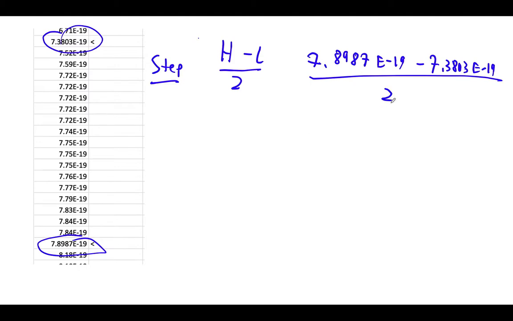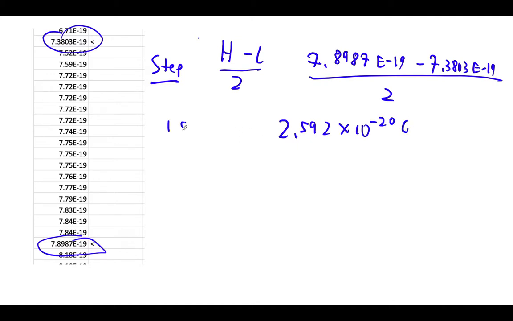Okay, so let me do this. 7.8987 e minus 19 minus 7.3803. And I get 5.184 times 10 to the minus 20th. I'm going to divide that by 2. And I get that step had an uncertainty of 2.592 times 10 to the minus 20th coulombs.